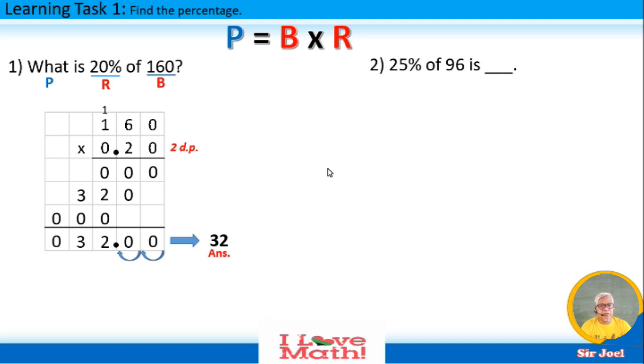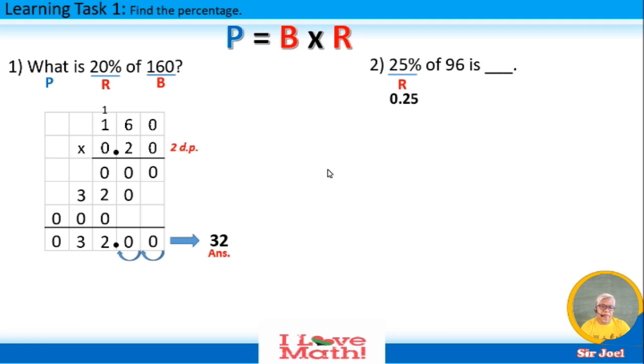Example number 2. 25% of 96 is blank. In this problem, again, meron tayong percent sign. So 25% is our rate. And 25% in decimal is equivalent to 0.25. Yan ay kapag i-move yung decimal point 2 places to the left.